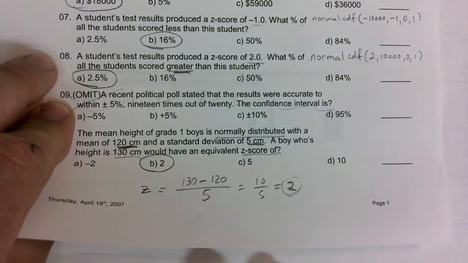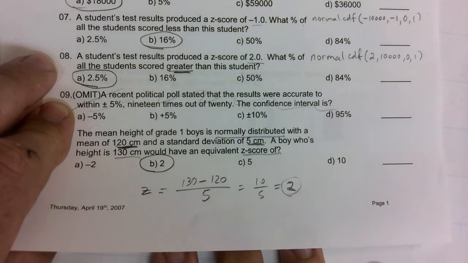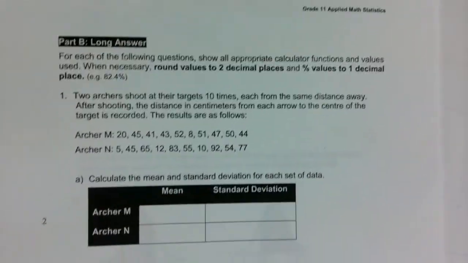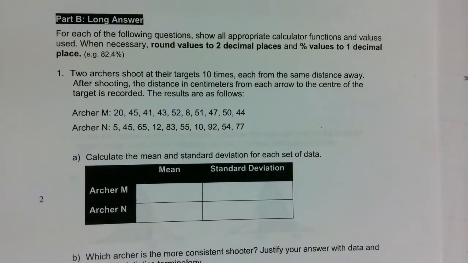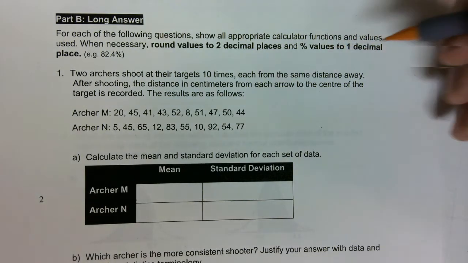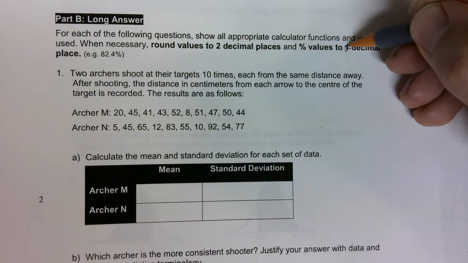Just be careful to show your work when you do that, okay? All right. Part B, long answers. I hope you're doing all right there. Round to 2 decimals, percentage values to 1 decimal. Don't worry about this. It's always 2 decimals, okay?